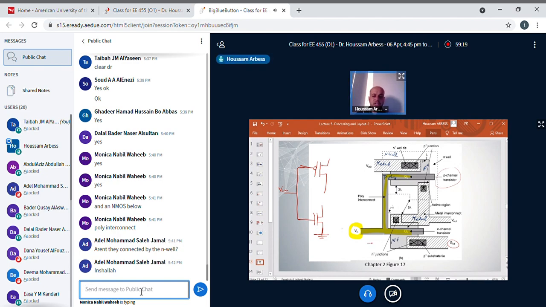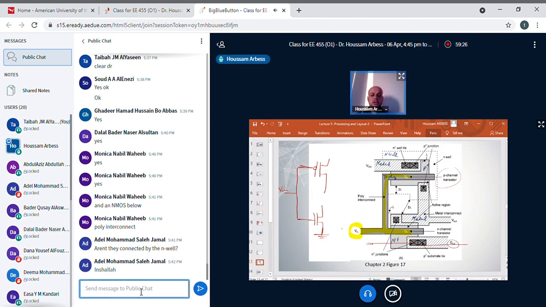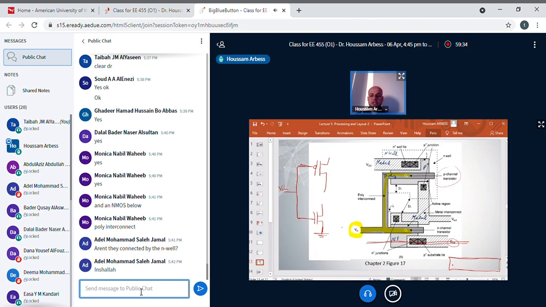And if here I do a cross-section view, what can I see? Well, first I start the cross-section view from P substrate. Then I have N plus from here to here. I have N plus from here to here.